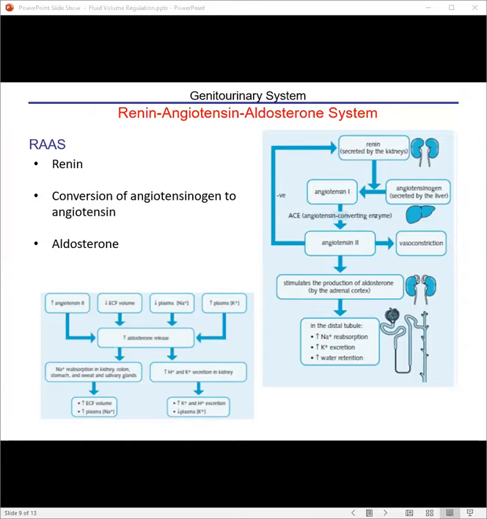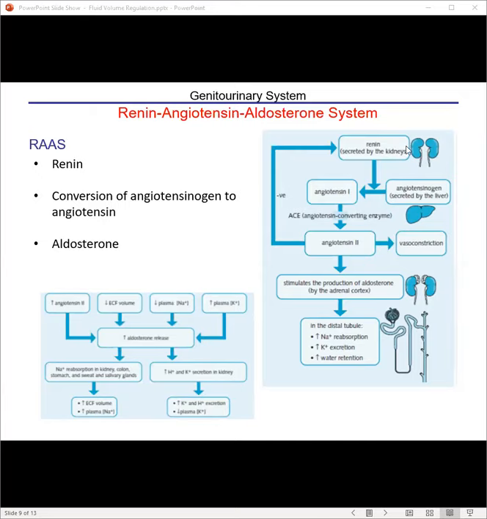Then the granular cells in the juxtaglomerular apparatus, the JGA, which are innervated by the sympathetic system, will be activated as a result. And this will lead to an increase in renin release.